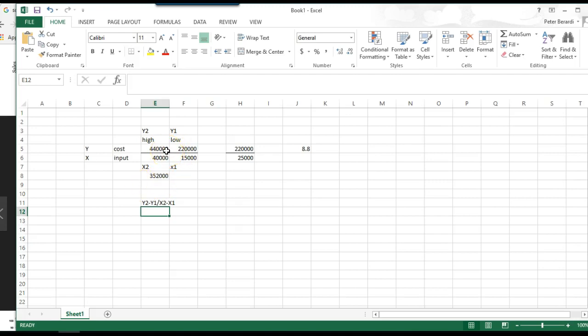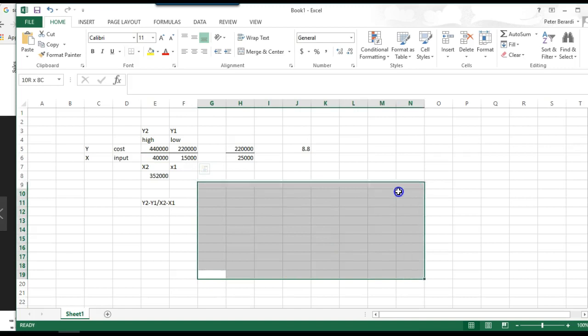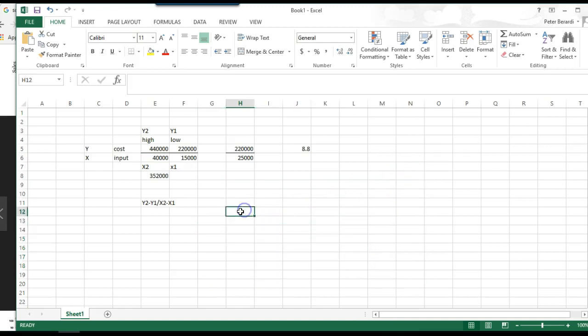So the high-low method does take the high and the low. Again, it's not as accurate as regression analysis, because regression analysis will take all the costs in this range and all the inputs in this range and give you a linear line with an equation. The high-low method is a quick, fast calculation. So y2 minus y1 over x2 minus x1 gives you 220,000 divided by 25,000 equals 8.8.